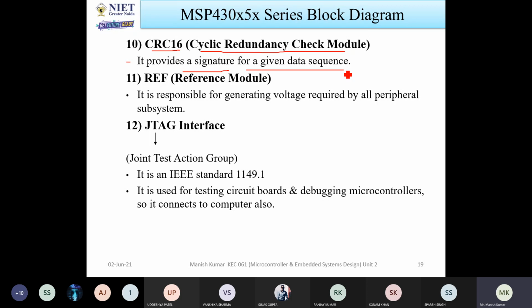For that purpose, you use the CRC. CRC16 means it is 16 bit. We add the signature after a data sequence, so whenever the signature reaches the destination, I will understand that the whole data has reached.